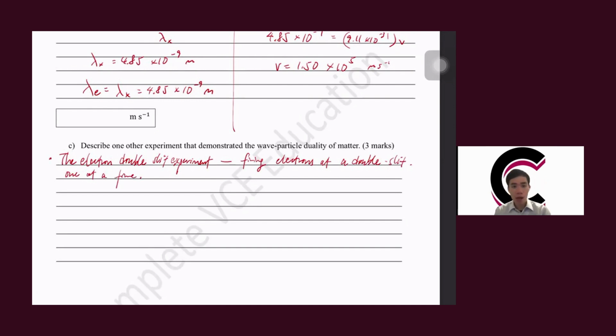That's point number one. Number two, over time, an interference pattern is formed with alternating regions of high and low intensity.